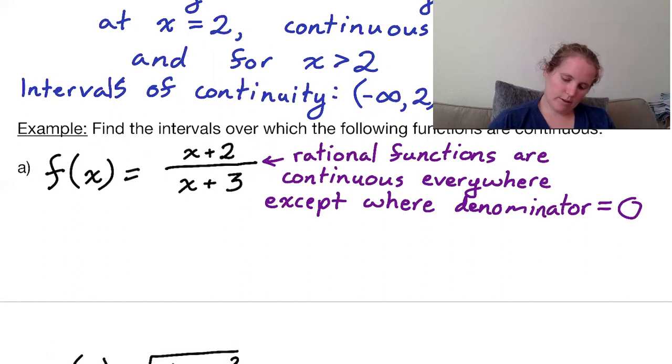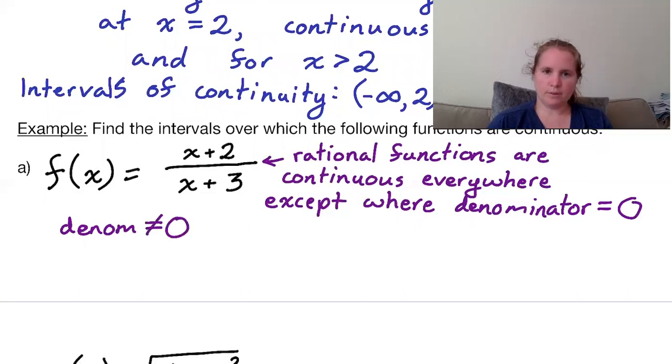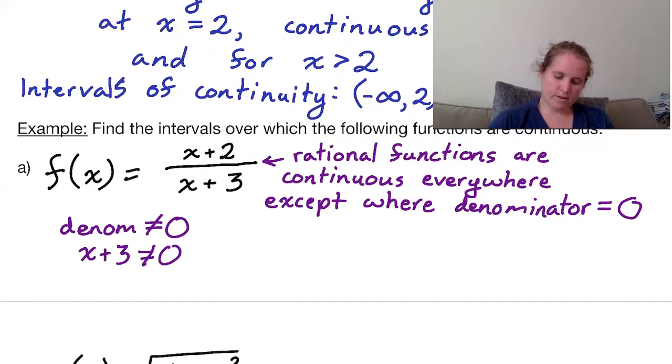So if we take our denominator, we do not want the denominator equal to 0. So we don't want x plus 3 equal to 0. So we do not want x equal to -3.